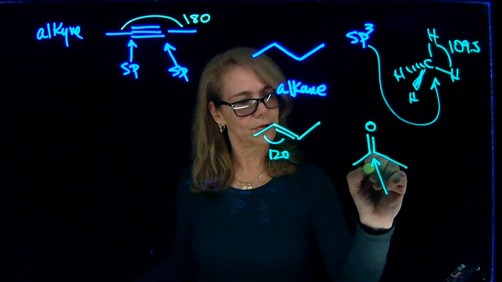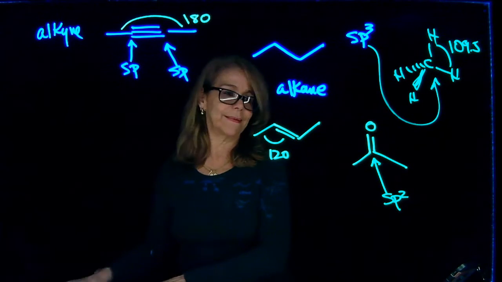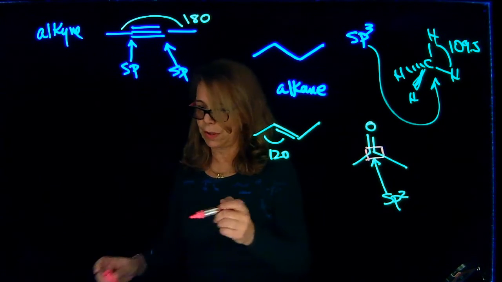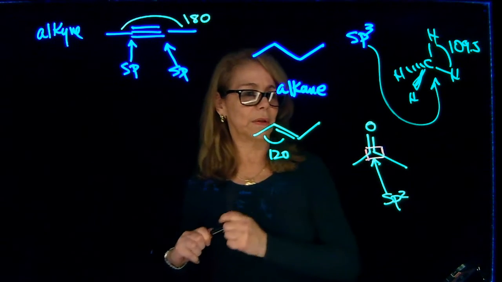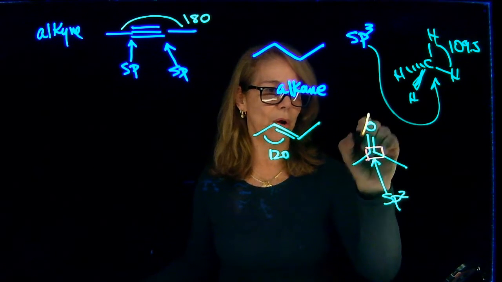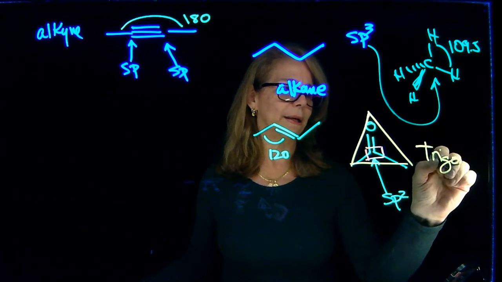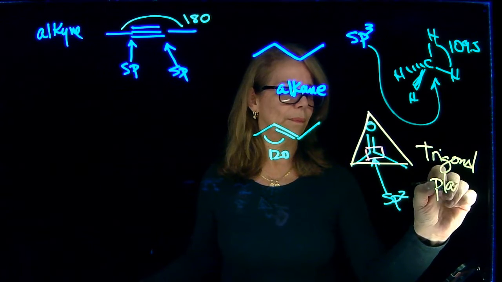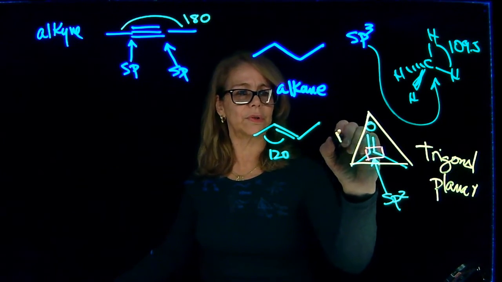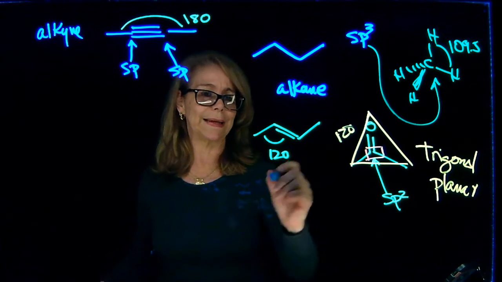Here, the central carbon is sp2 hybridized, which means that the geometry about this central carbon, let's draw a plane that would include the oxygen, this carbon, and this carbon, is trigonal planar. Right, so again, the angles here are 120, and we can still draw the zigzag when we're doing alkenes.